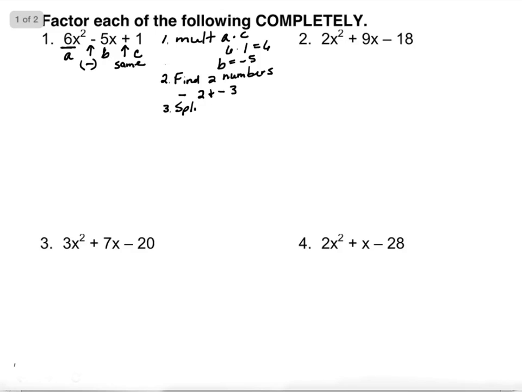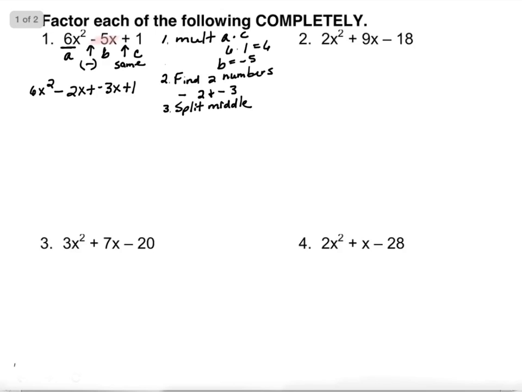Now you're going to replace your middle term with those two numbers. I call it splitting the middle term. So you're going to rewrite this, and you're going to have 6x squared, and instead of the -5x, it's going to be minus 2x plus a -3x plus 1.